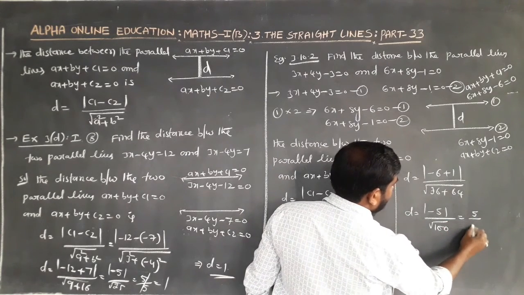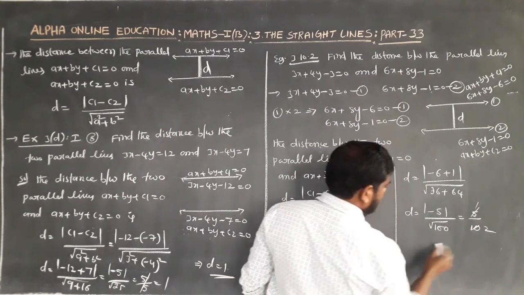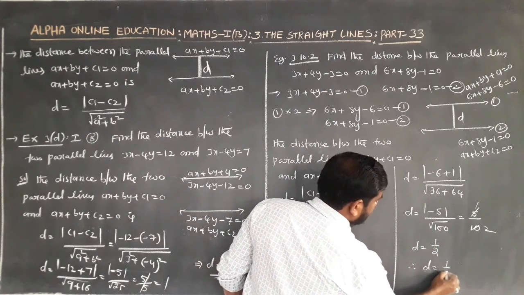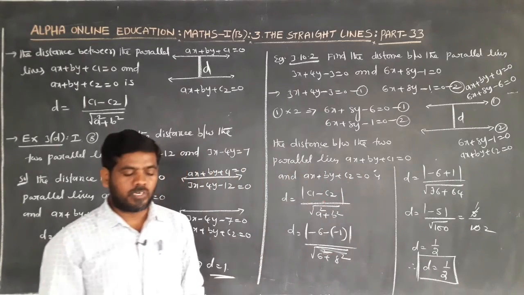Minus 5 means 5, root 100 means 10. 5 ones are 5, 5 twos are 10. D = 1 by 2. Therefore, the perpendicular distance is 1 by 2.